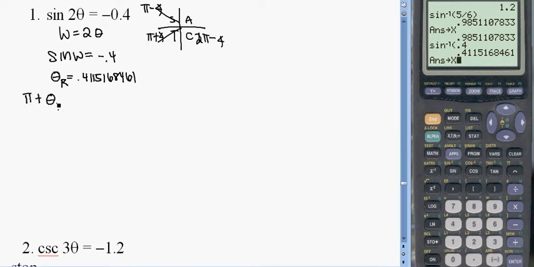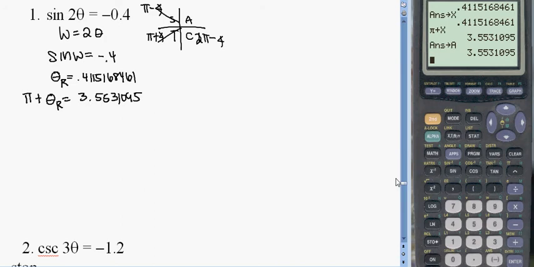So pi plus x is equal to 3.553109. I'm going to store that as A, that's my first angle.